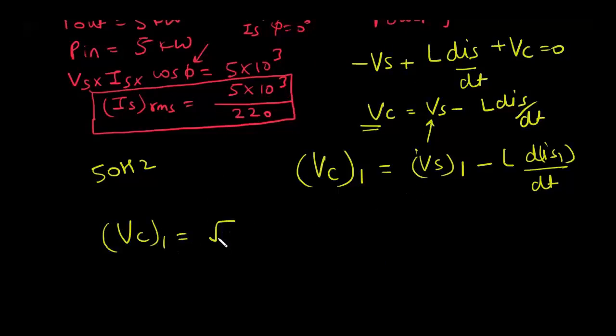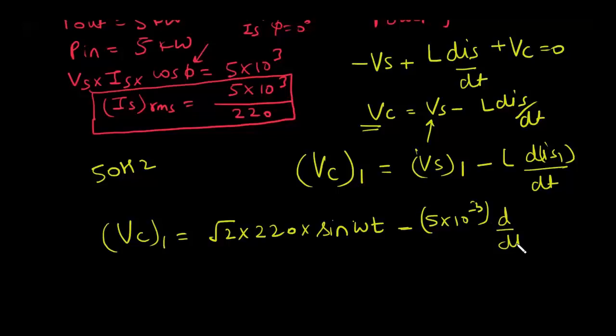We know that Vs1 is root 2 into RMS value into sine omega t. Inductance value is 5 millihenry into d by dt of is1.